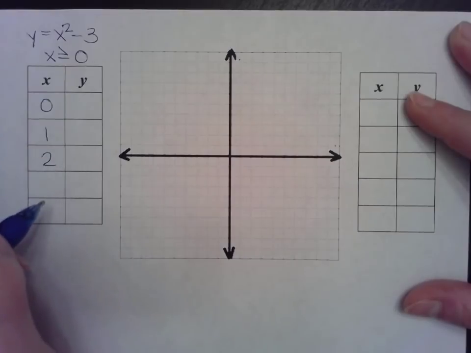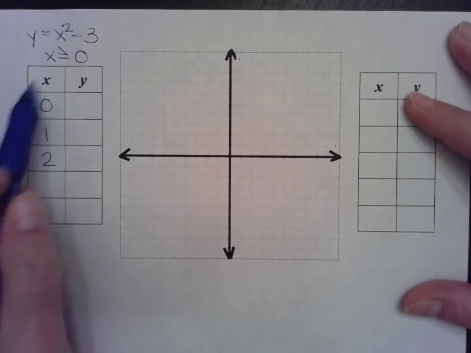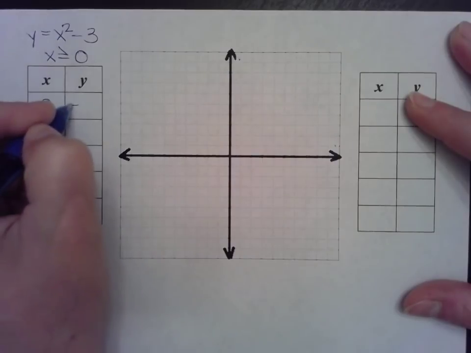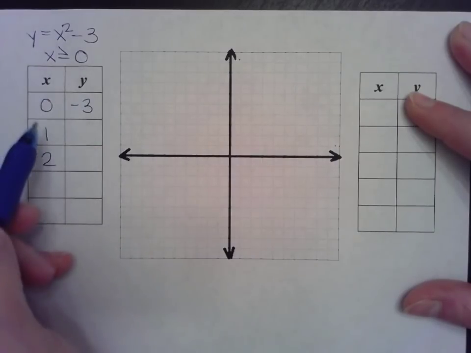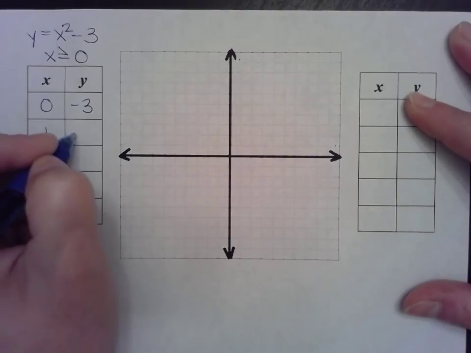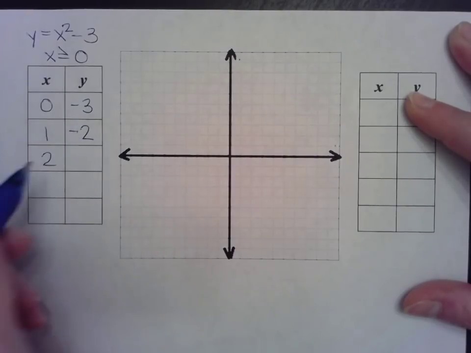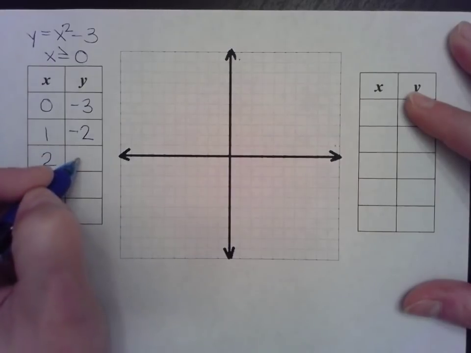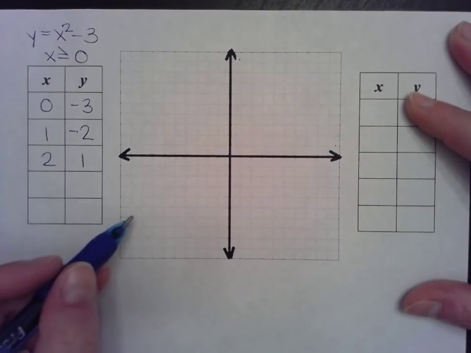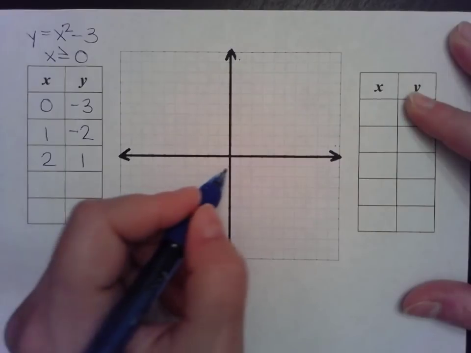We don't have to fill in this whole chart. If I plug them in, I have 0 squared minus 3 would be negative 3. 1 squared would be 1 minus 3 would be negative 2. 2 squared would be 4 minus 3 is 1. Maybe that's enough. You could add some more. I think they would probably fit on this grid, but I'll just leave it at that.